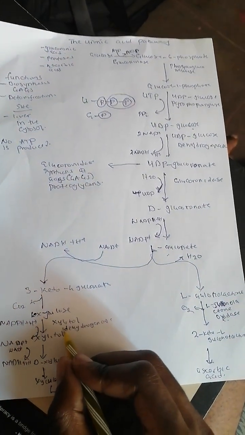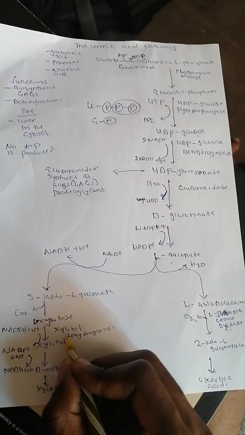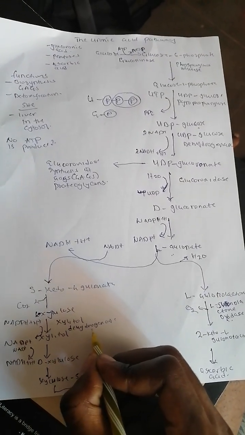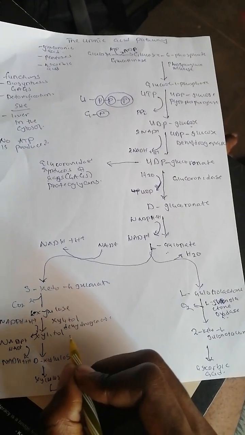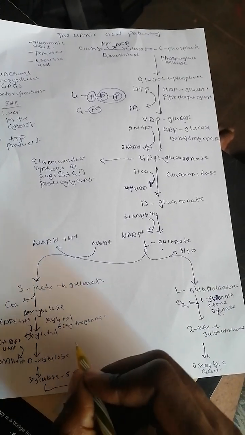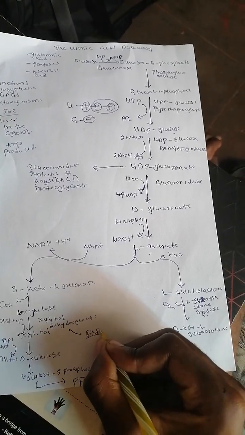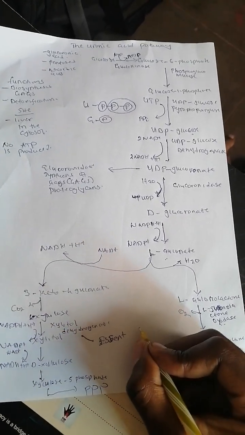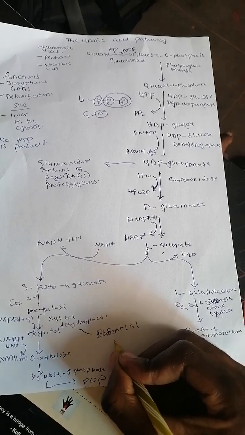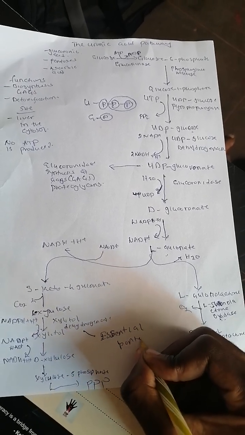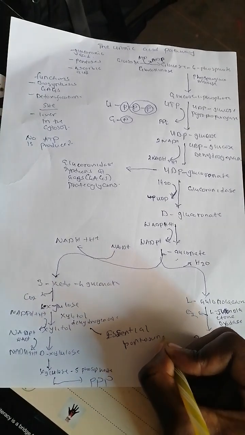And then suppose you have a deficiency of the xylitol dehydrogenase, you're going to develop a condition which we call essential pentosuria.